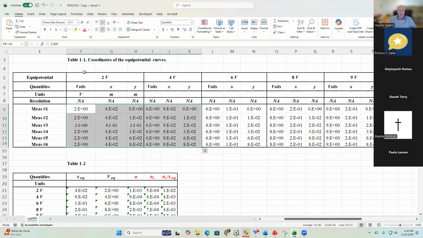For you that are doing my lab for the first time, you will have to do that. Significant figures for the voltage, I'll tell you how you're going to get that. Significant figures for the x coordinate, significant figures for the y coordinate, according to the process that you saw.